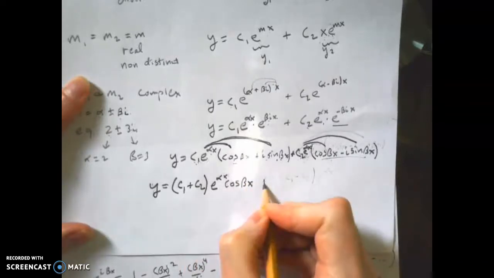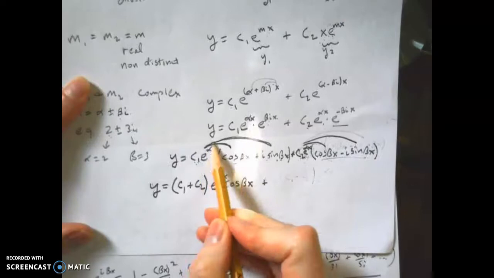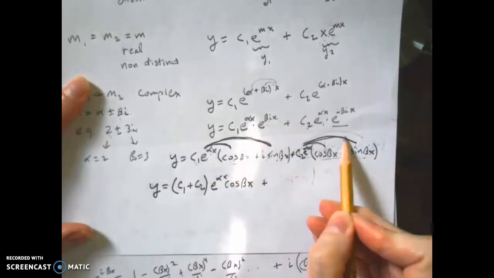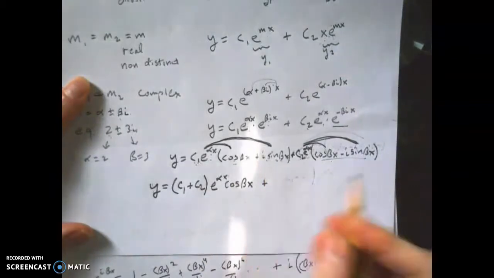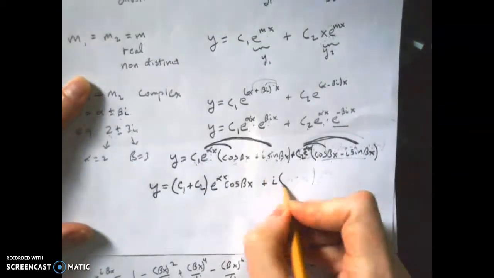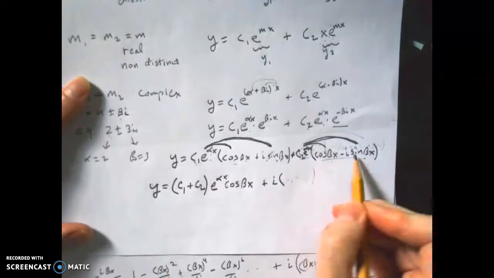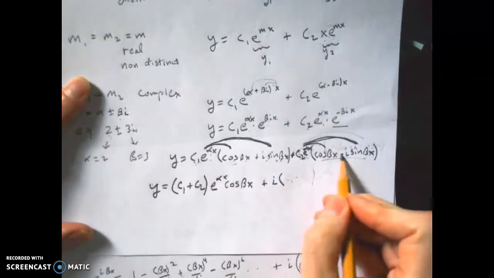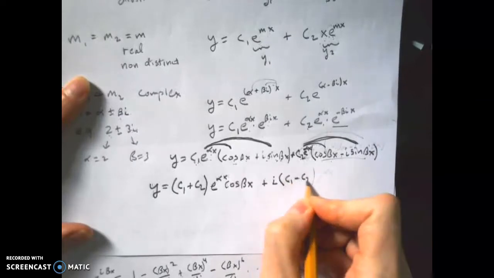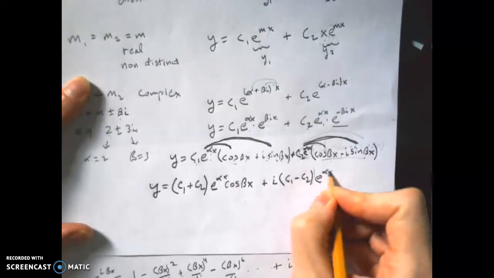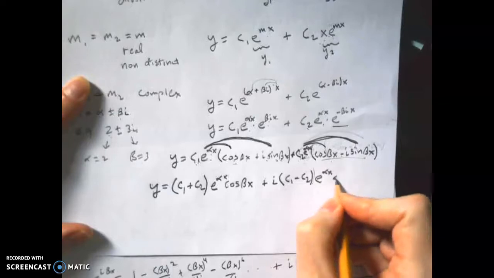And then I've got plus, now the second part of this one and the second part of this one, both of them have an e to the alpha x I sine beta x. So I'm going to take out the I. I'm going to end up with the C1 minus C2 because this one is going to be negative. C1 minus C2, I have e to the alpha x sine beta x.